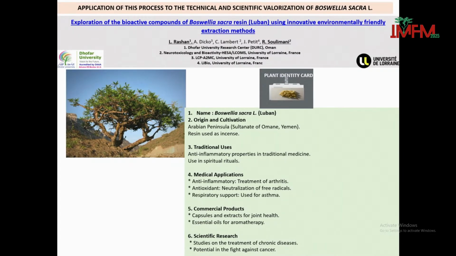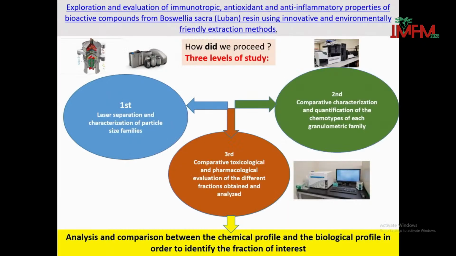identity card of the plant, origin and cultivation, medical application, commercial product, scientific research. And we will proceed in 3 levels. First, this process of separation to prepare powder, granulometric fractions of the resin.